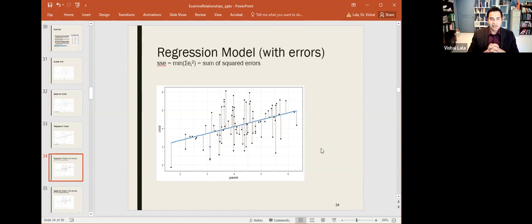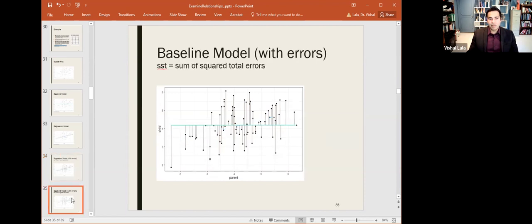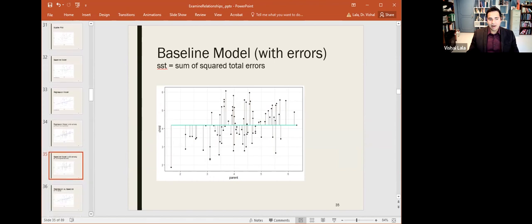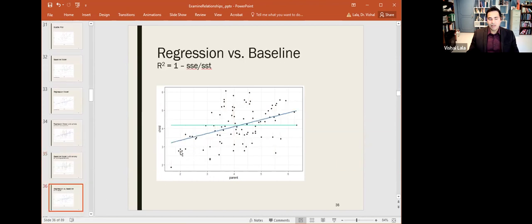In SPSS, this is referred to as sum of squared residuals. Now, if you do the same exact thing for the baseline model, you would get the sum of squares total. R squared is basically a comparison of the regression line to the baseline.